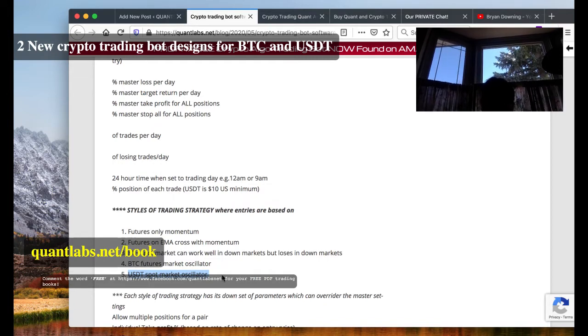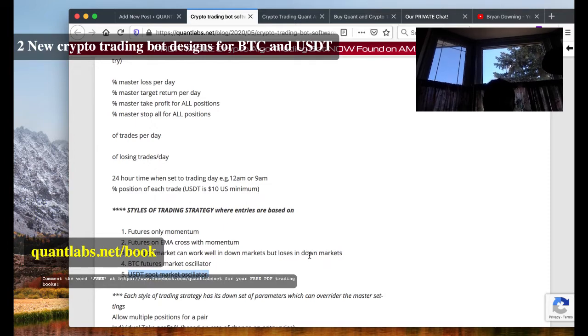So again, when the markets go down, this can be used as a defensive bot, but this one as an oscillator will work when the markets are not performing as well. You still are trading in USDT. But this one you've got to be very careful with.